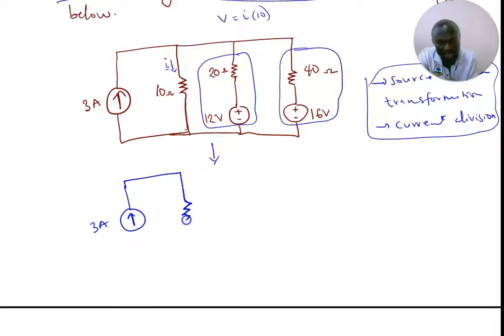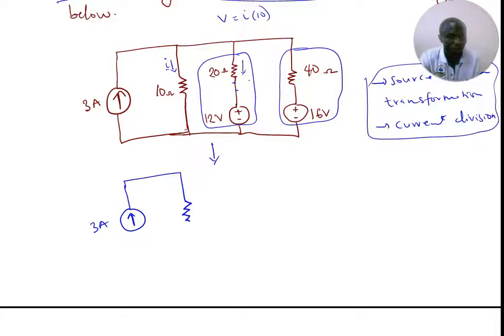Please take note. When they ask you to find the current at a branch, don't change the structure of that branch. Don't add the branch to any other branch, like what we are doing here. See, we have two branches here, and if I change their position, as soon as I change it, the current value changes.